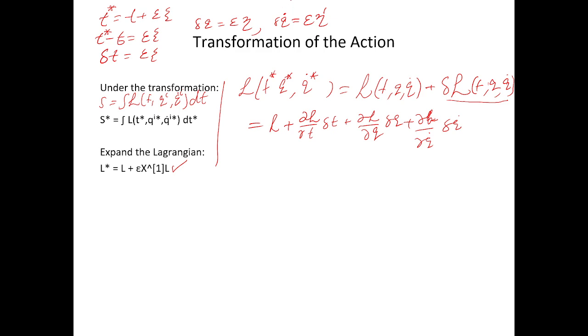Putting these values over here, you see the value of delta T is epsilon xi, so here is a plus sign, epsilon xi partial L partial T, plus the value of delta Q is epsilon eta partial L partial Q, and delta Q dot is epsilon eta 1 partial L partial Q dot.